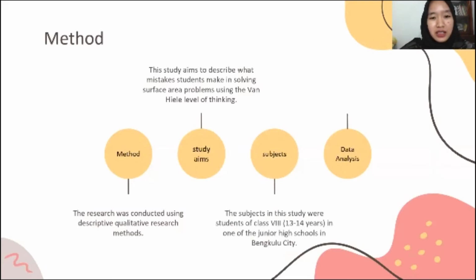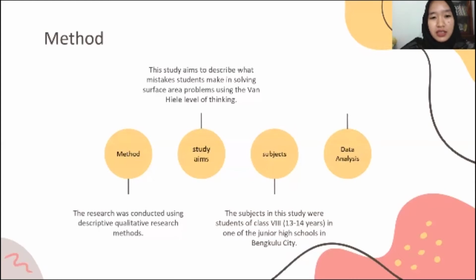The subjects in this study were students of class 8 in one of the junior high schools in Bengkulu city. Of the 32 students in the class, 6 students were selected, 2 from the high group, 2 from the medium group, and 2 from the low group.